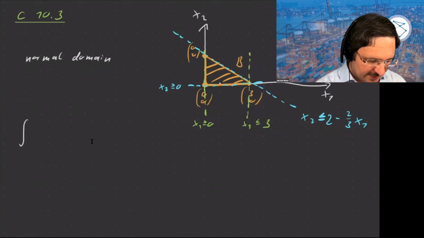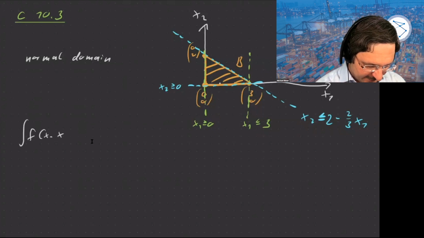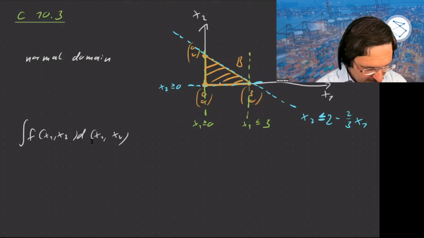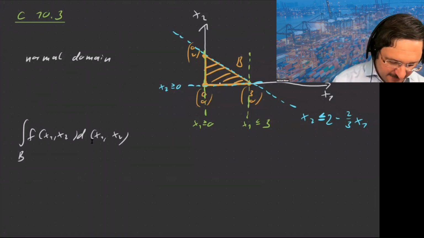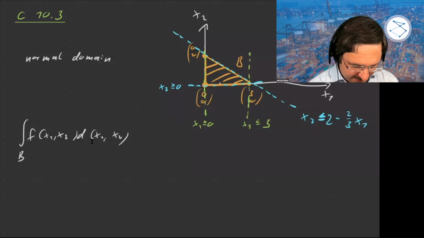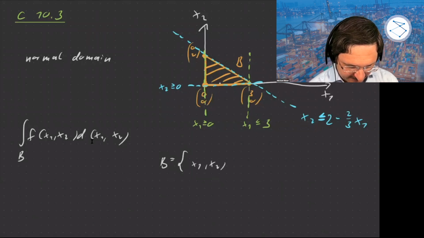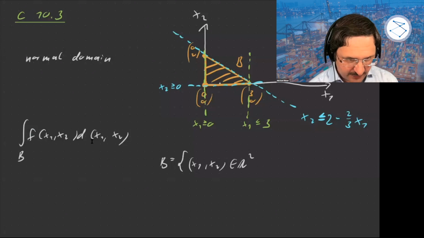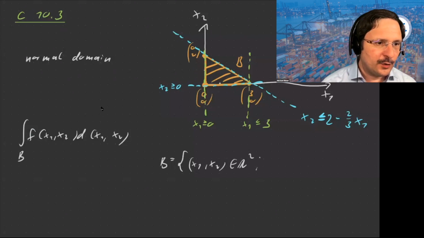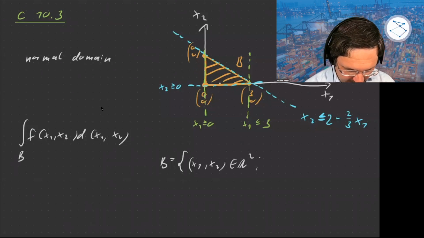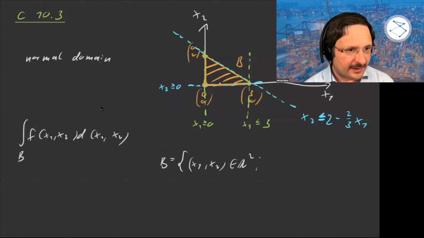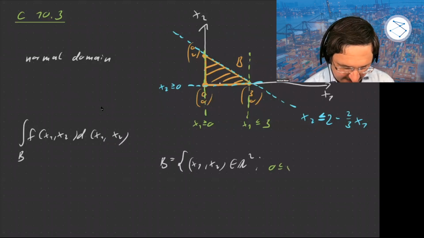Now we want to integrate f of x1, x2, dx1 dx2 over that domain B. And we can write B as all x1, x2 in R2 with the property: well, for x1, we get 0 is less or equal to x1 is less or equal to 3.